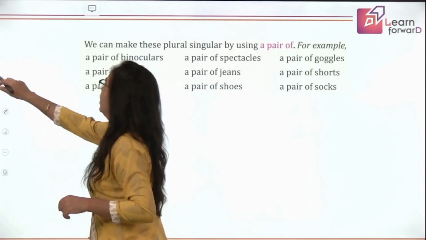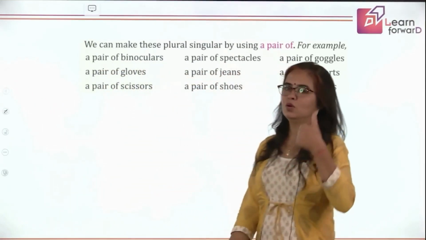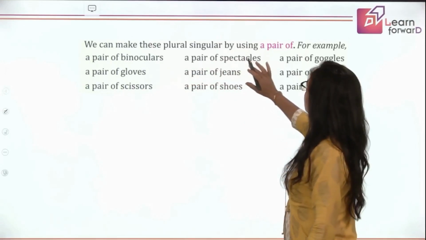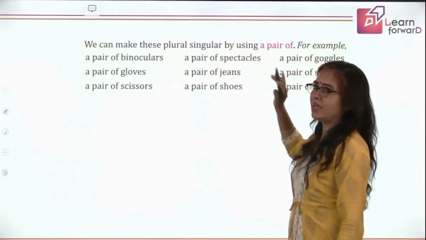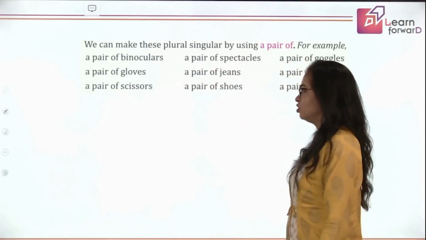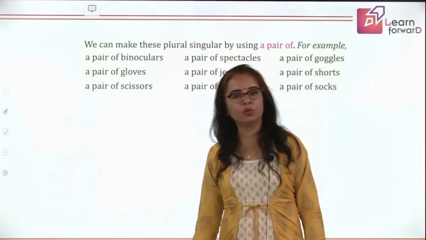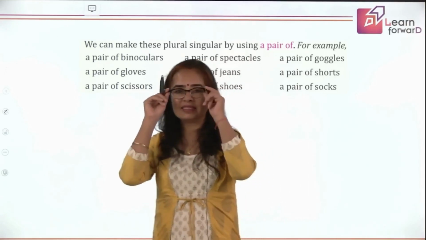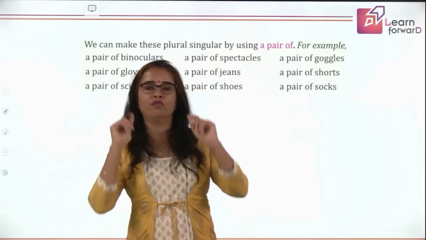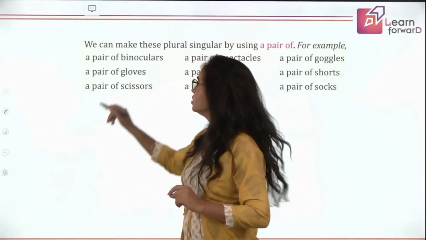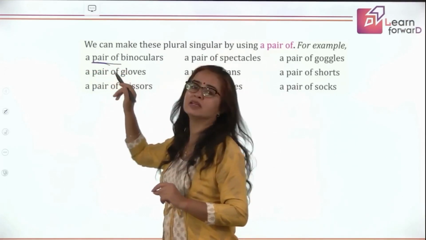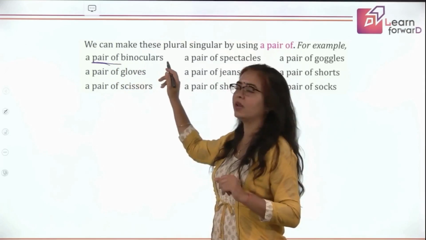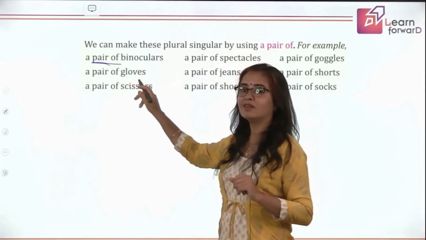I hope you all are understanding. Good. So we can make these plural words singular by using a pair of. The words that we have just read are used in plural always. So if you want to talk about them in singular, like I said, this is my pair of glasses. So this is what I will use to make it singular if I'm talking about one only. A pair of binoculars, a pair of gloves.